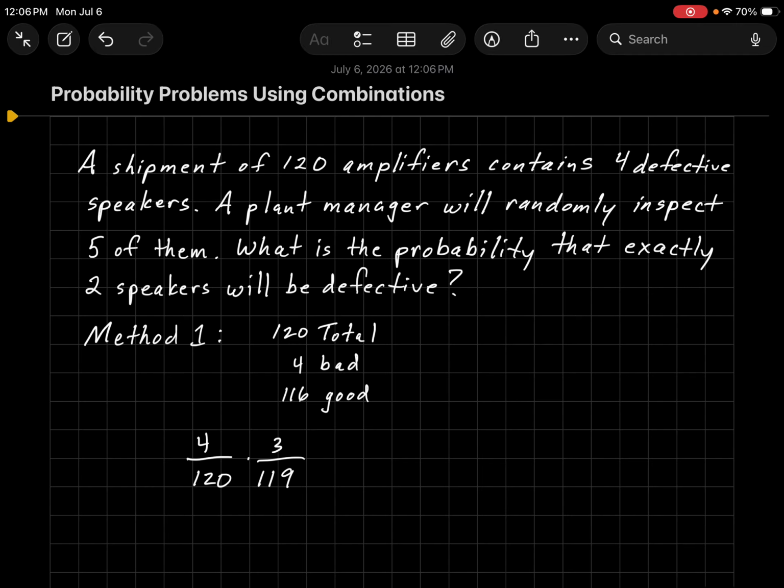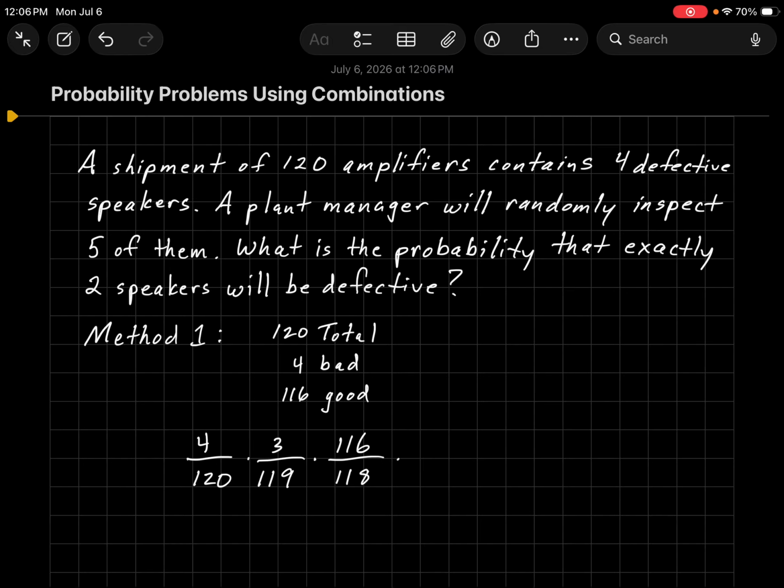Now, we're not done because we're choosing 5 speakers, which means if the first 2 are bad, then the next 3 must be good. So what's the probability that the third speaker is good? Well, there are 116 good ones left out of 118 total.